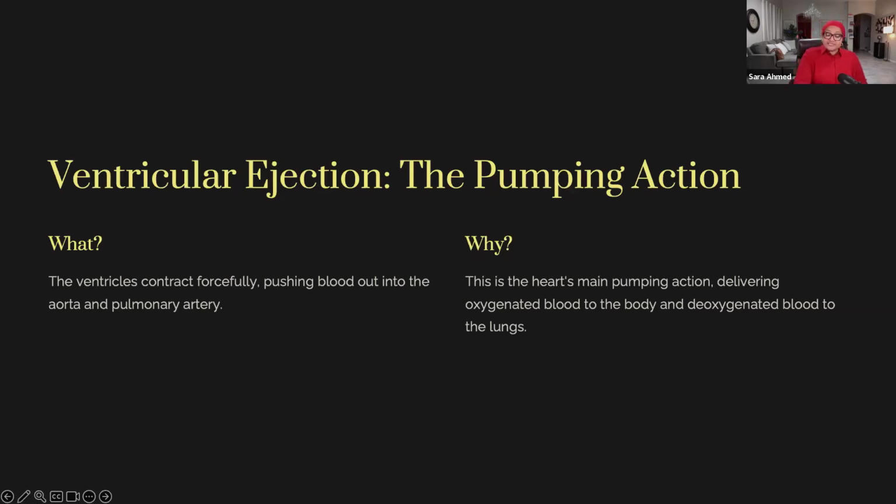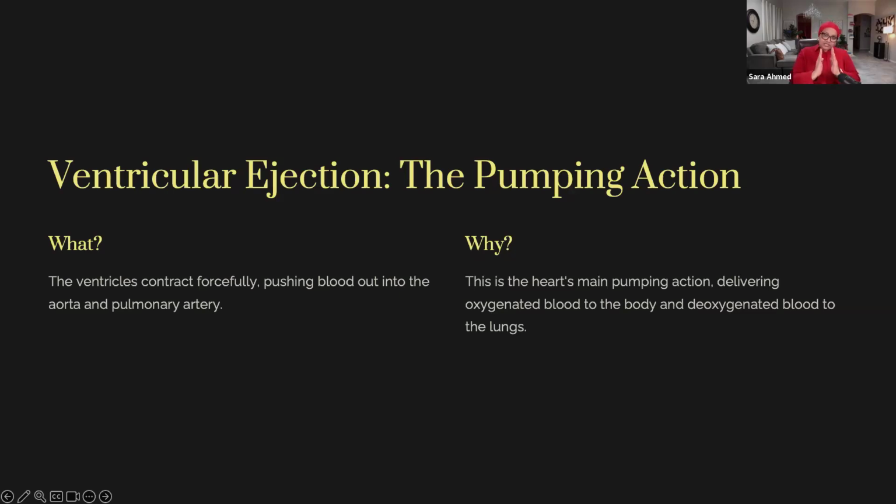How does this contraction happen? Again, just like the atrial systole, where atrial depolarization leads to that systole, here ventricular depolarization, which corresponds to the QRS complex in the EKG.